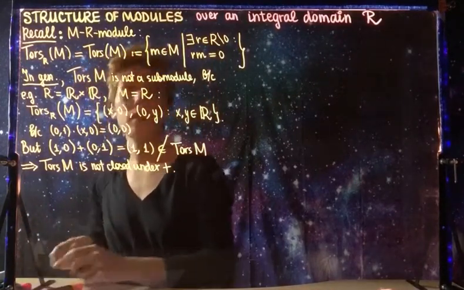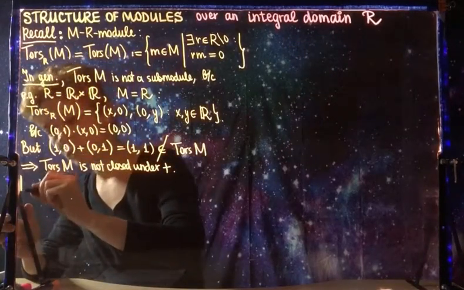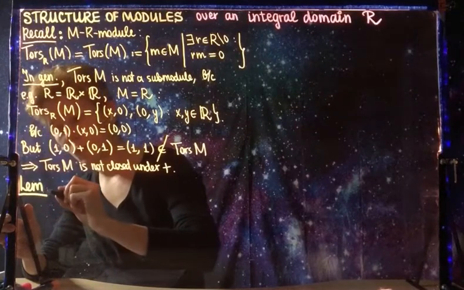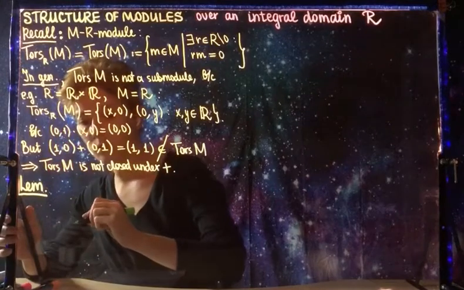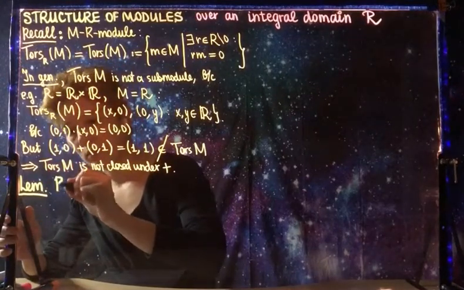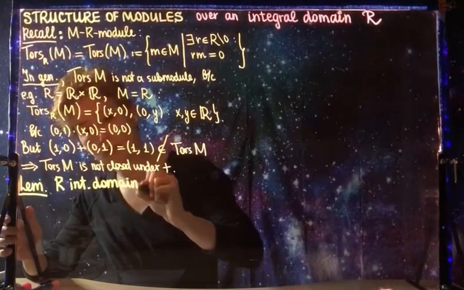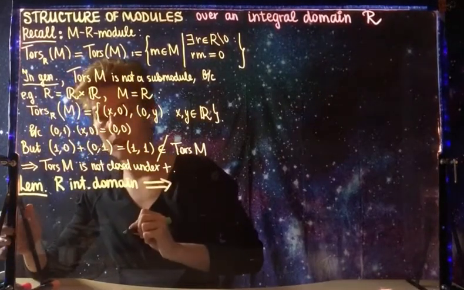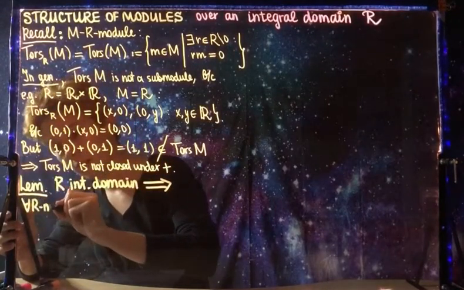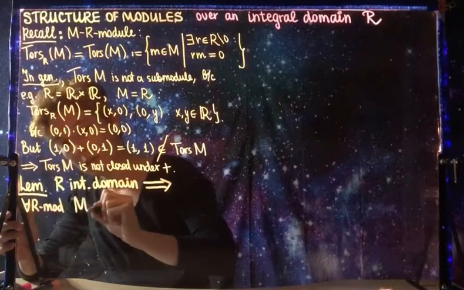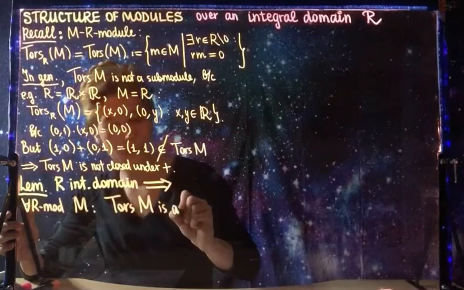However, in our case, when R is an integral domain, we can actually prove that the set of torsion elements forms a submodule. So if R is an integral domain, then for any R module M, Tors M is a submodule.